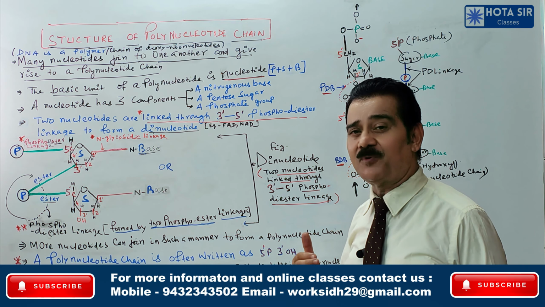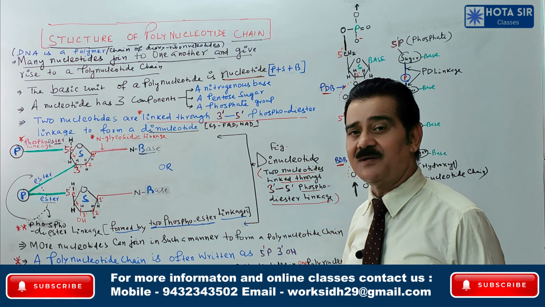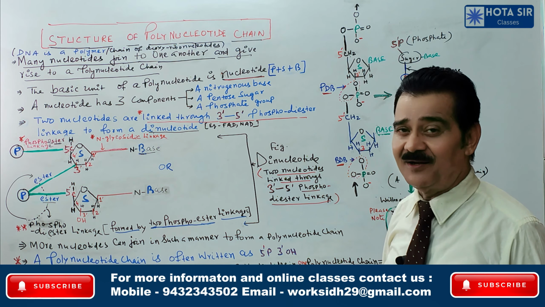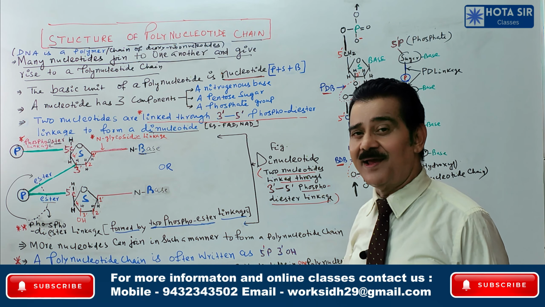So the number of phosphodiester bonds is equal to the number of nucleotides minus 1. Remember this thing. For example, if there are 100 nucleotides, then what would be the number of phosphodiester bonds? The formula is n minus 1. N stands for the number of nucleotides, that is 100 minus 1.